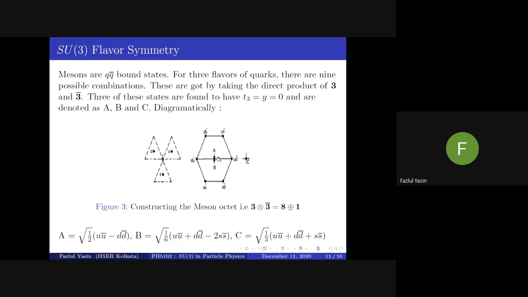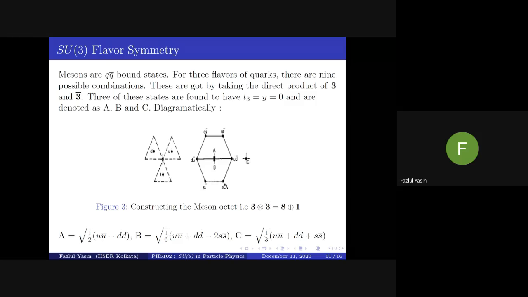Now, in this context, as I was saying, A is considered to be part of this isospin triplet, and again, T plus and T minus can be used to transform between one and the other. The state B is considered to be an isospin singlet, and it's written in this manner, while the state C is written in this manner, and it's a unitary singlet which is separate from this octet.